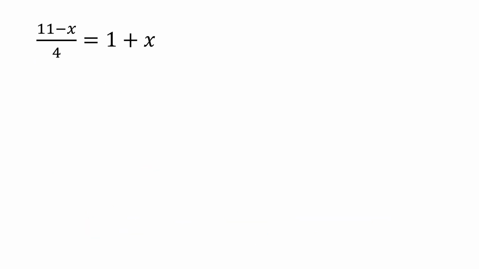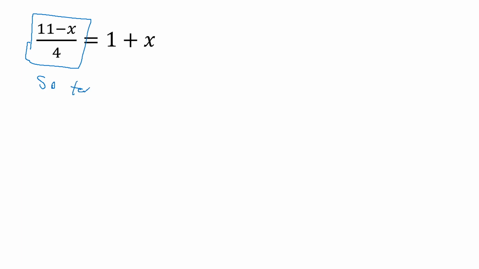Okay. What about something like this? In this case, we're told 11 minus x over 4 is equal to 1 plus x. Again, as I like to say to my students, what is it about this question that makes it harder? It's the fraction, isn't it?